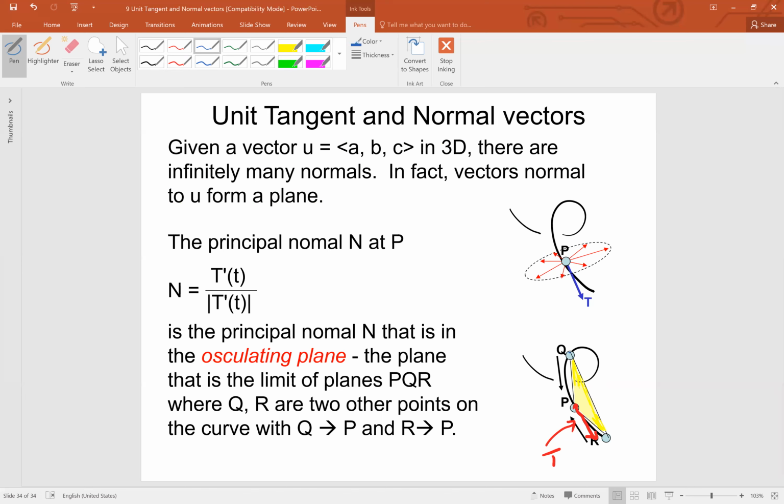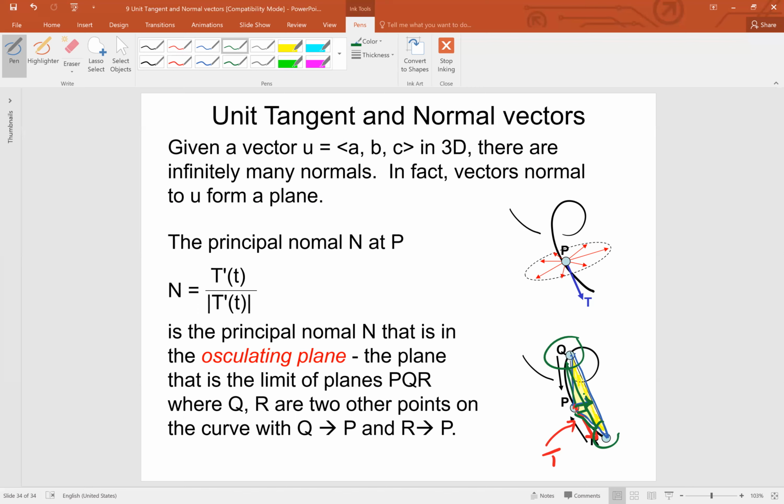What I do is I take a couple of points very close to point P, then there's a plane cut through the 3 points. And in that plane, there is a normal vector that's perpendicular to the tangent. And then I move the points Q and P closer and closer, so the plane more and more fits the point P on the curve.